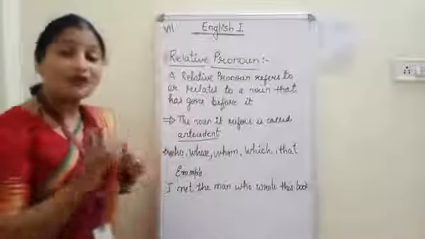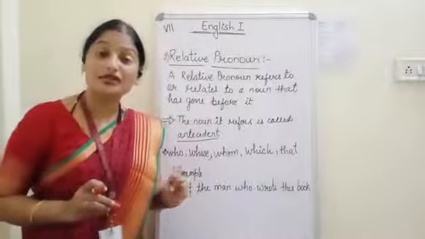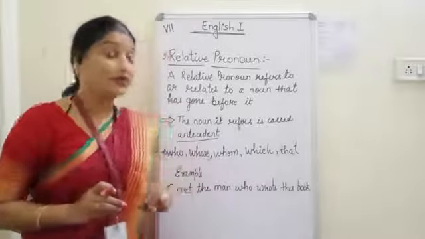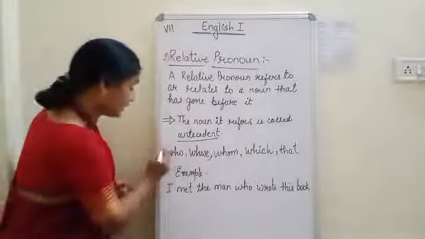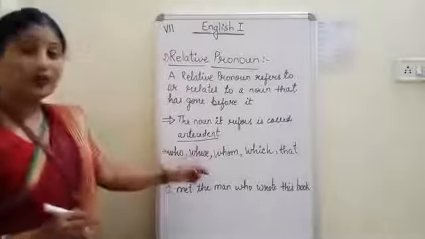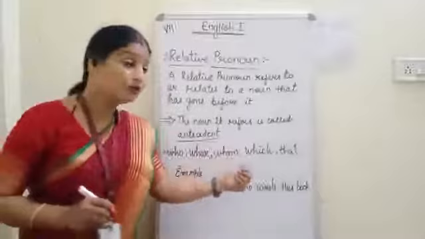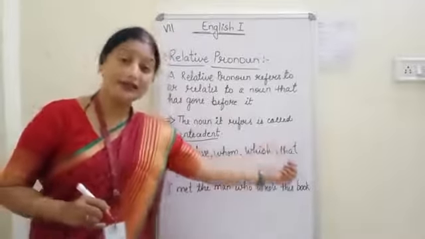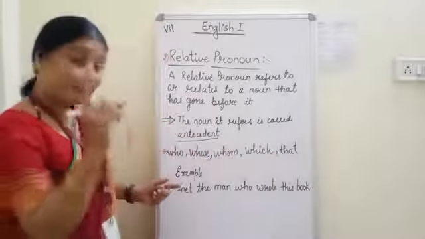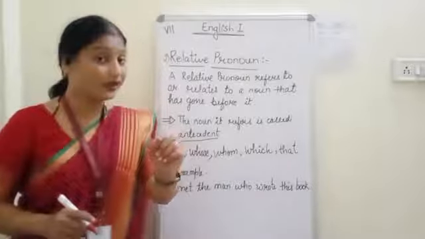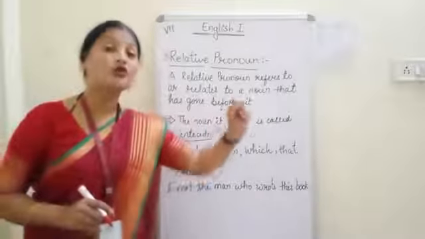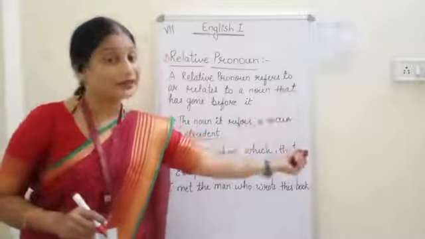Now see, what are the words that can be treated as relative pronouns? The words are who, whose, whom, which and that. Okay, once again, what are the words of relative pronoun? The words are who, whose, whom, which and that.